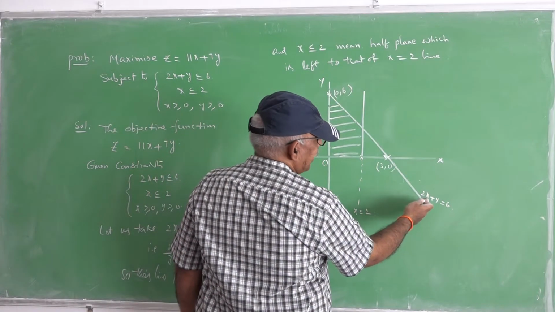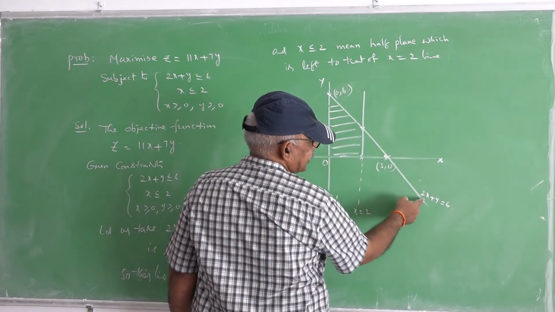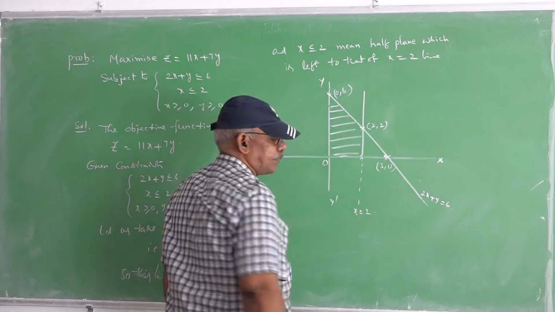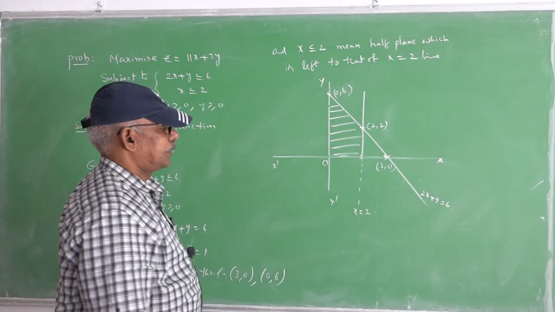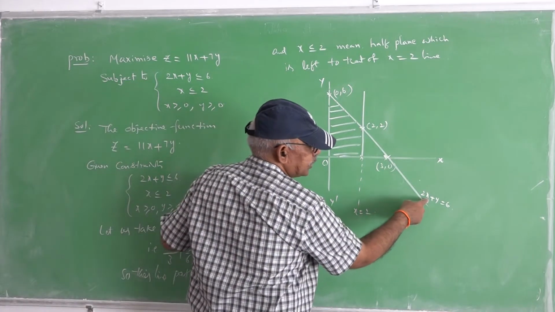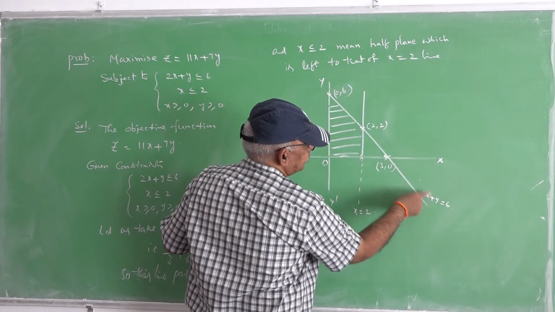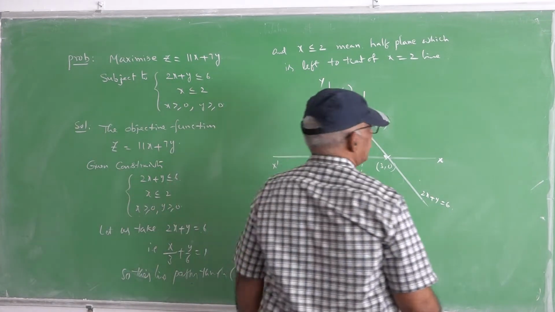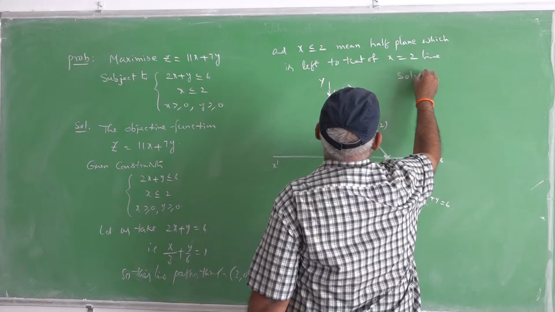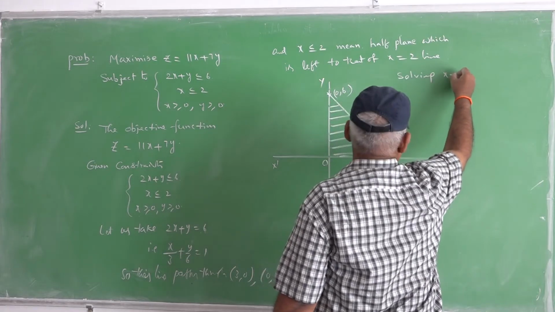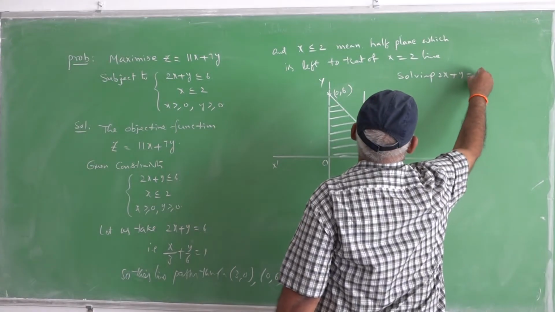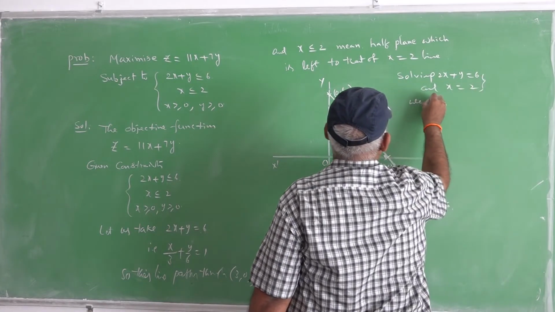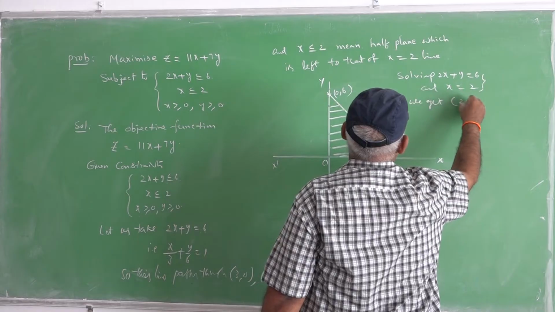Taking x equal to 2 here, the point of intersection with x equal to 2 is 2 comma 2 itself. Taking x equal to 2 in this line, we get y equal to 2. So, solving 2x plus y equal to 6 and x equal to 2, we get 2 comma 2.